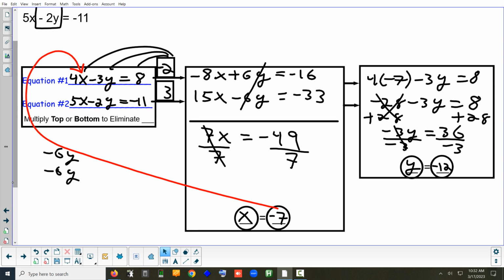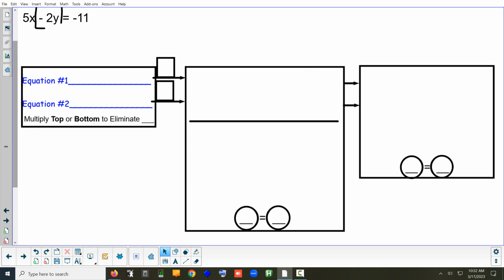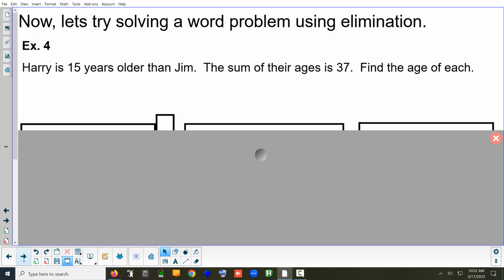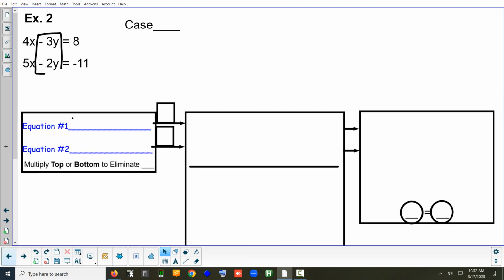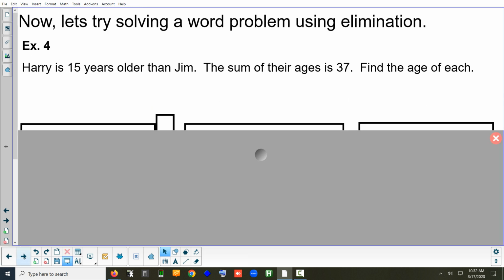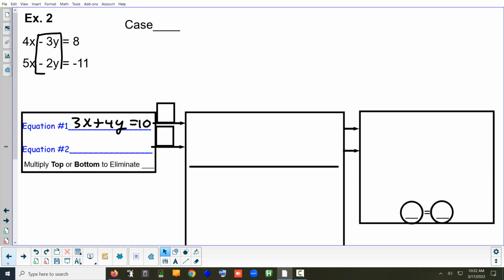Okay, anything else before I erase that? Okay, so this is example 2b in your notes. It's going to be 3x plus 4y equals 10, and 2x plus 3y equals 7.